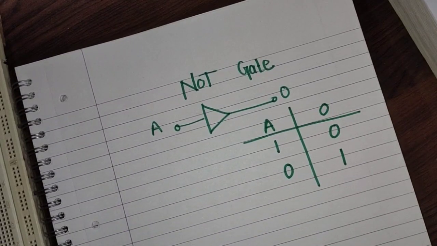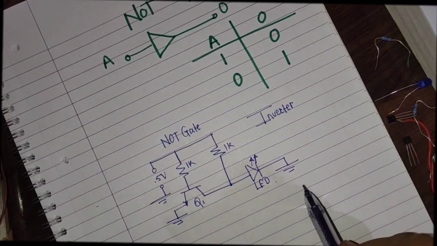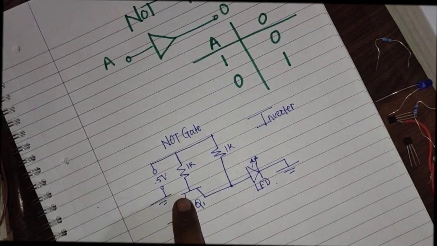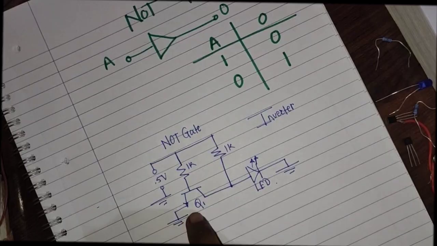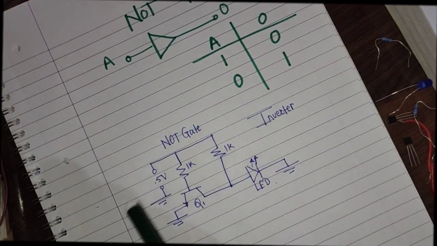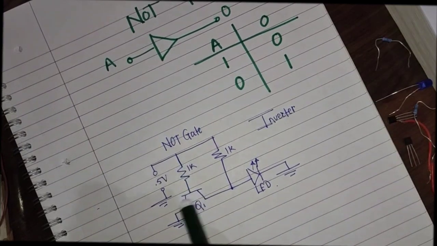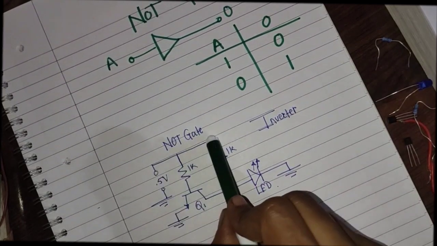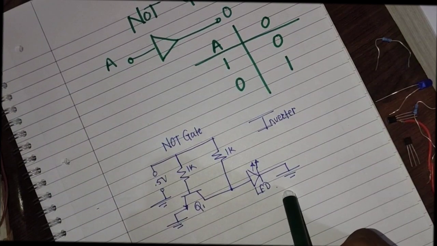Now we will see the breadboard representation of the same. This is the circuit diagram of the NOT gate. Here we use just one transistor, and the basic principle behind this is, if you give 5 volts to the input, it will give you no output, because it will start conducting and the voltage will go directly to the ground instead of going to the LED.